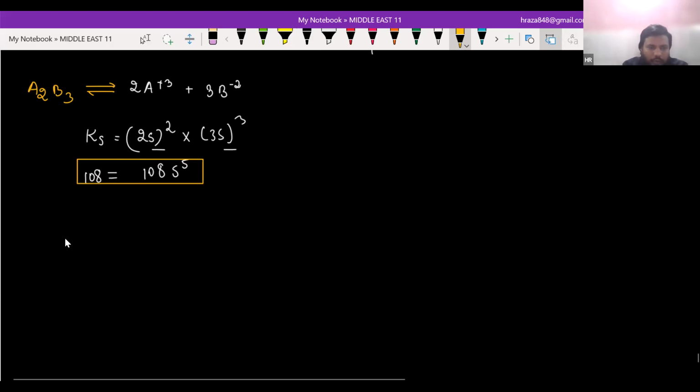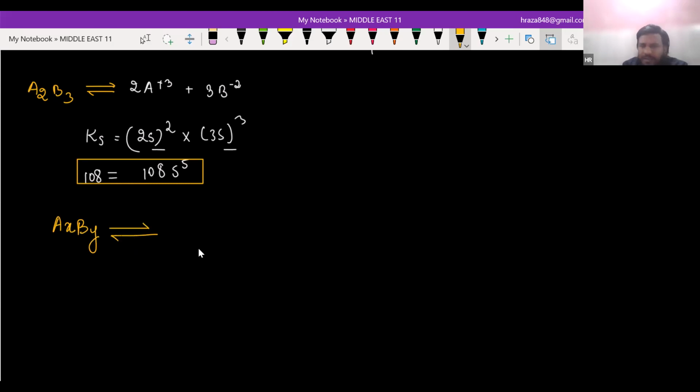Now do the same thing with this, AxBy. From this we are going to generalize and make it a formula. You can see it will be A raised to the power plus x, B raised to the power minus y. That means this is the cation, and this will be our anion.